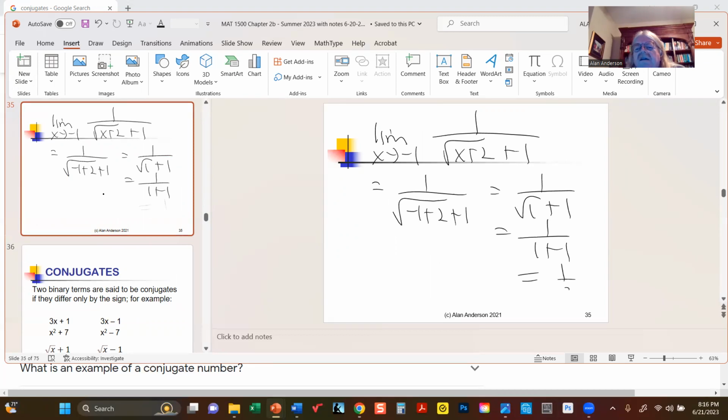One half. So that is the limit of our original function, 1/2.